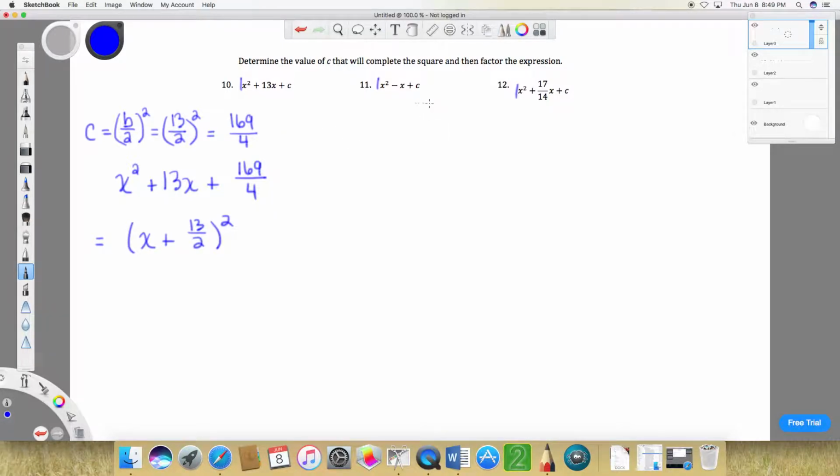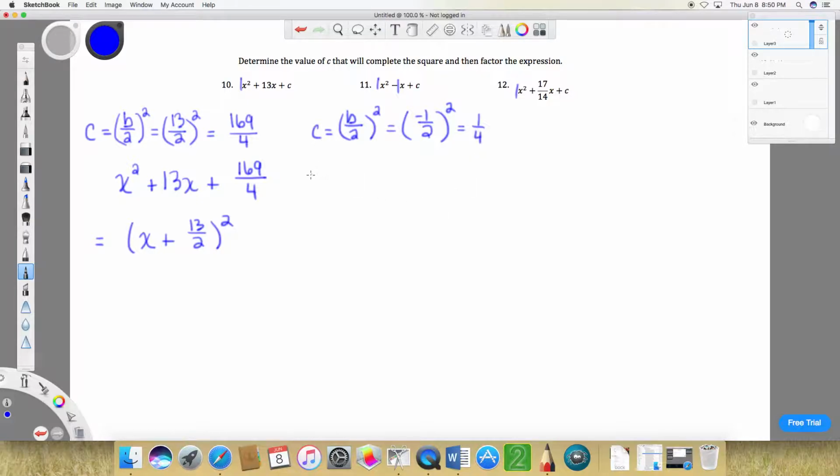Now, let's come over and take a look at this one. Let's put a 1 there to help us. Our formula is b over 2 squared. That's what I need this c to be. And this time the b is negative 1. So I'm going to take half of negative 1, square it, and that's going to be my value for c. Well, negative 1/2 times negative 1/2 is positive 1/4.